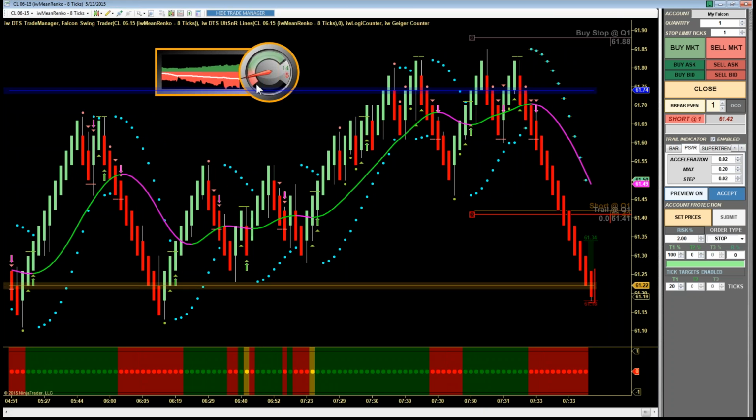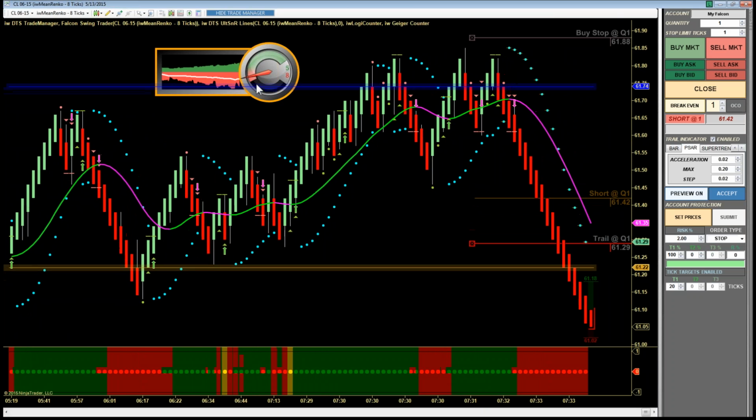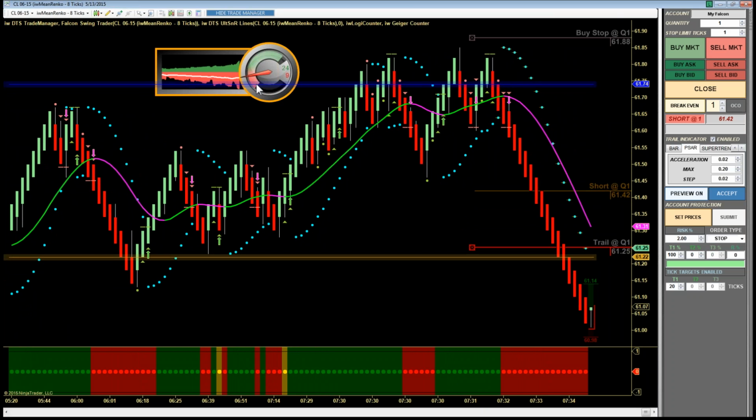Look at the Geiger counter, just buried. Loving to see those orders flow. Look at that.